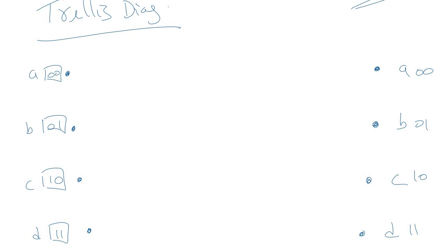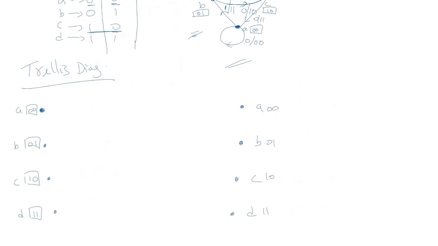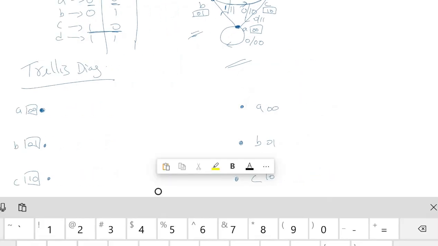Okay, so we'll begin with the state A, that is 0 0 in dk minus 1 and dk minus 2 shift registers, and we can easily correlate it with this state transition diagram.